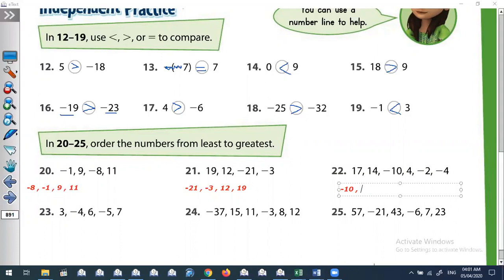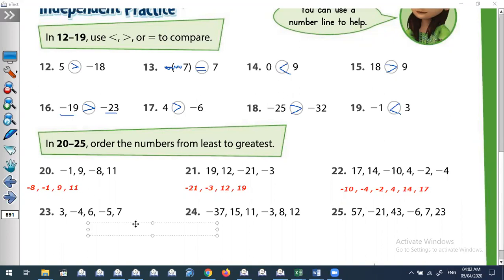So you have to include negative 4. The smaller one is negative 10. After that, negative 4. After negative 4, negative 2. Now we finished all the negatives. We still have 17, 14, 4. Which is the smaller? Yes, the smaller is 4. After 4, 14. After 14, 17.